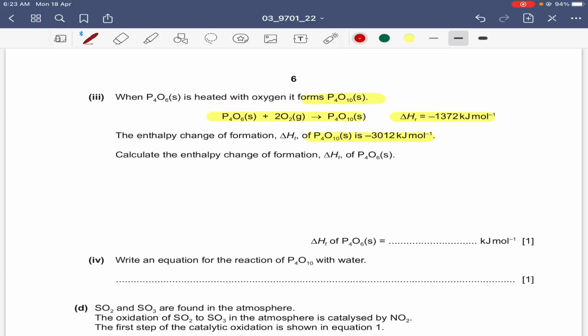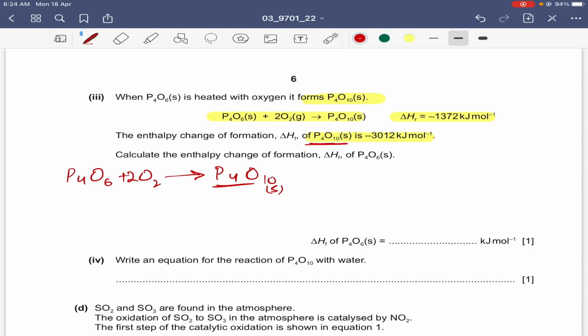So the first equation, which is already mentioned in the question, is the P4O6 getting oxidized. It forms P4O10 solid. Its delta H is already given. And then they have given us the enthalpy change of formation. And what is formation? When 1 mole of a substance is formed from its elements under standard conditions. So the formation of P4O10 is given.